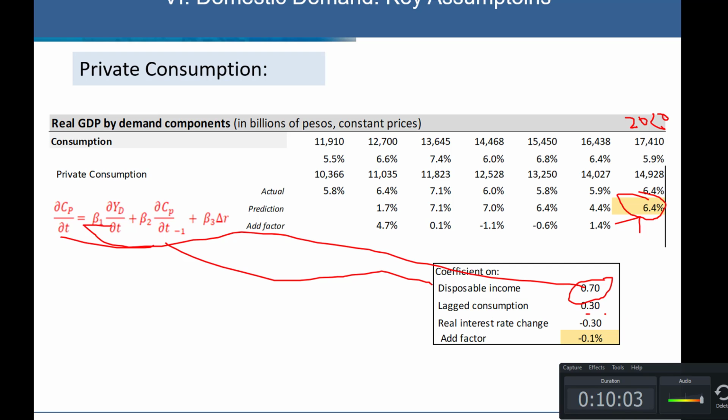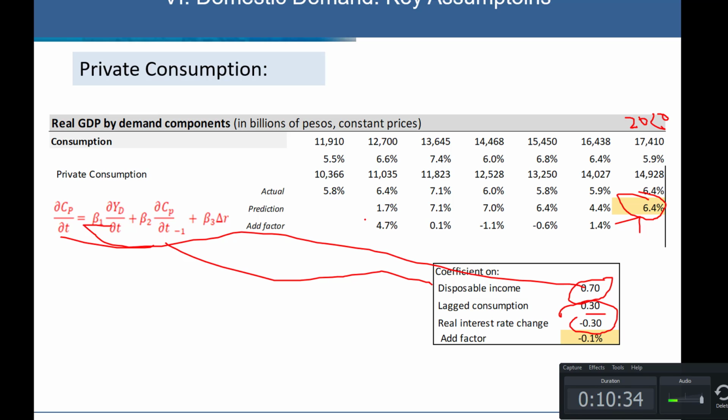We can see also that there's a kind of carryover from the previous period, and that elasticity is 0.3. So if we had 1% higher consumption growth in the previous period, that's going to push up current consumption growth, not by 1%, but by 0.3 times 1%, a third of a percent. And then finally, we can look at the real interest rate here.